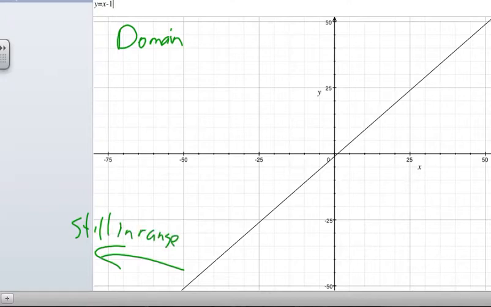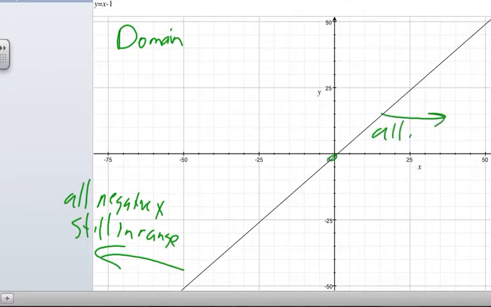No matter how big I get, it's still going to be in the range. So that is going to include all negative x values. All right, I do have x at 0. And notice the same thing out here. All are in domain.